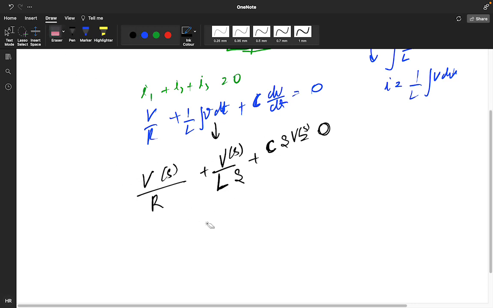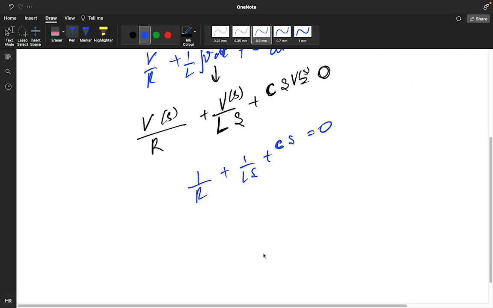So we'll take it common and we'll get a result like this: 1 by R plus 1 by LS plus CS is equal to 0. Take the LCM and solve the equation. If you take the LCM, you will get RLS plus R plus RLC S square is equal to 0.